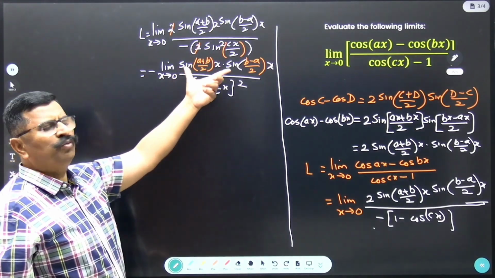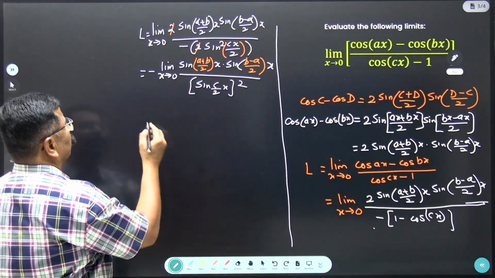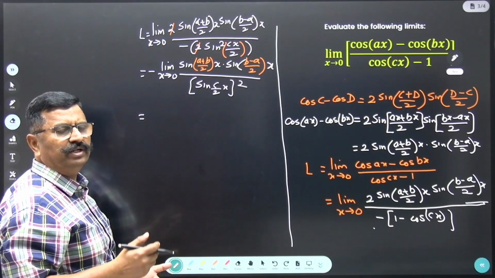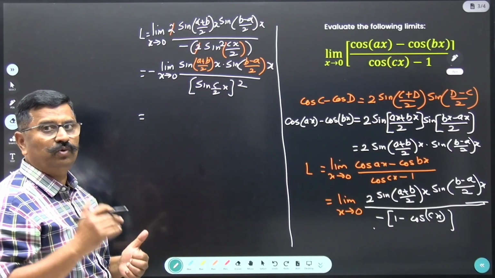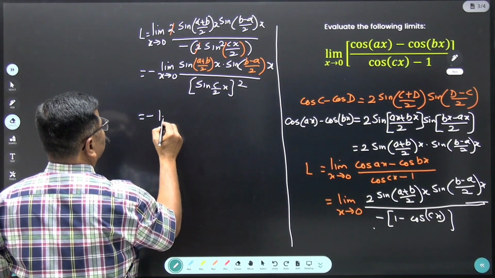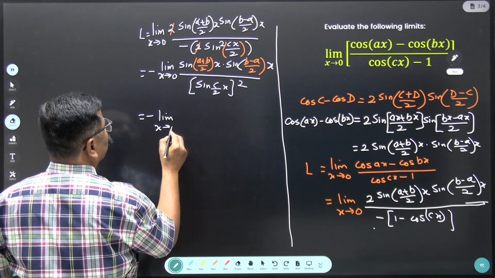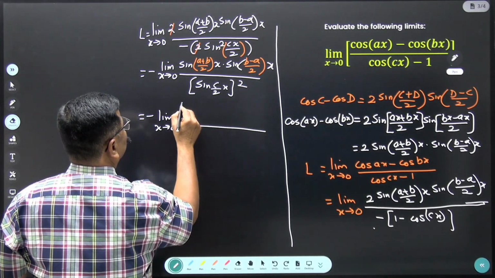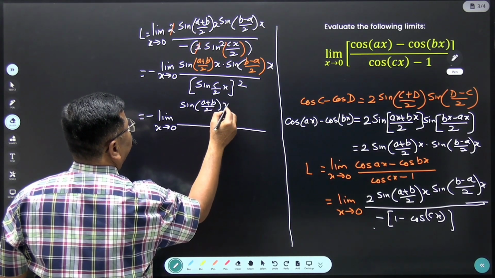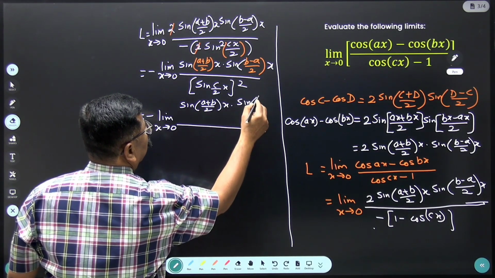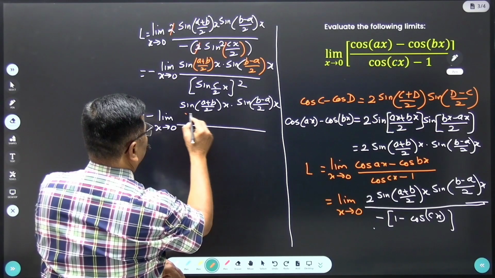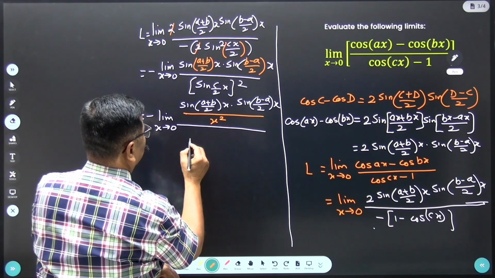Now we will divide numerator and denominator by x square, so that we can use the formulas of trigonometric limits such as limit sin kx upon x is equal to k. So minus limit x tends to 0, sin((a plus b)/2 into x) into sin((b minus a)/2 into x) divided by x square.